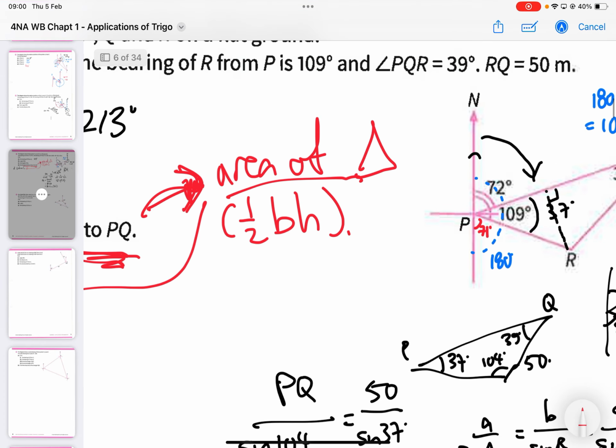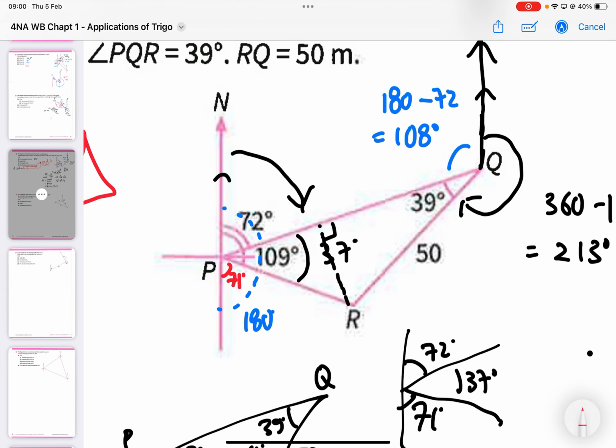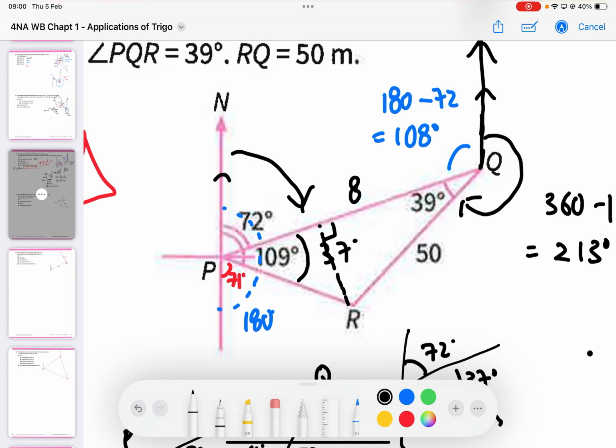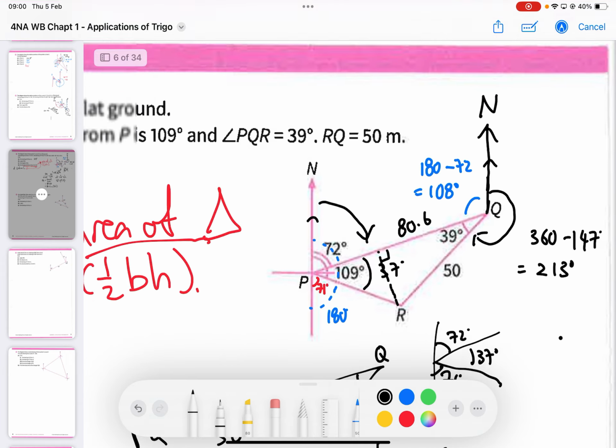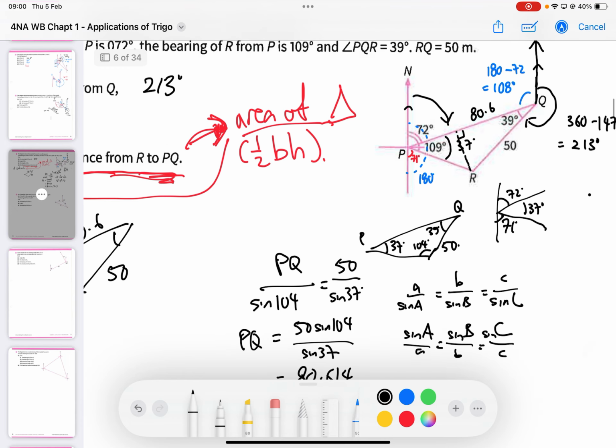Okay, then half AB sine C, 80.6 is here. Okay, so if I redraw the triangle out, here is 80.6, here is 50, here is 39.